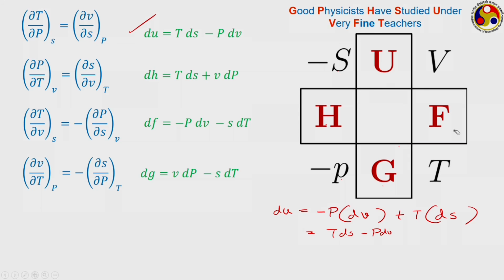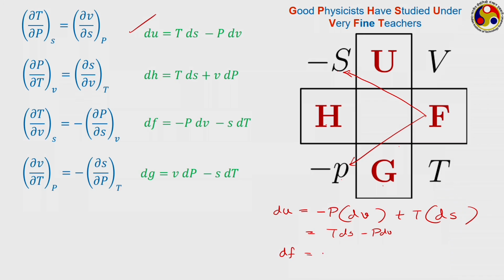Let us take another sample. Let us consider the F. If we want to write the expression of dF, then what will be your coefficients? To check the coefficients, go to the two corners which are opposite to this. So, this is one of the corners and this is the other corner. You know that these two will be the coefficients.